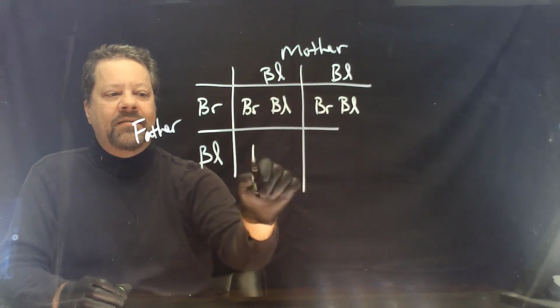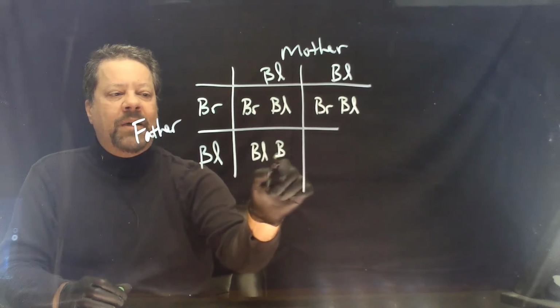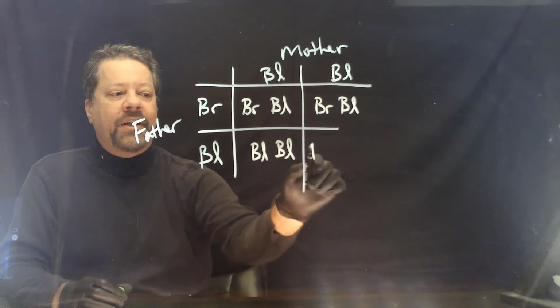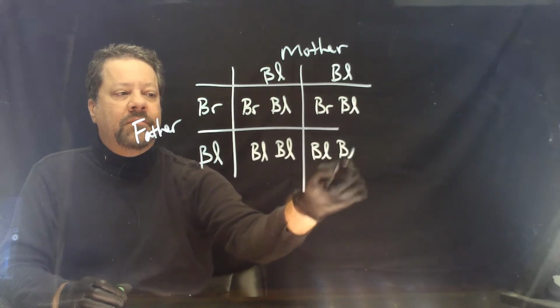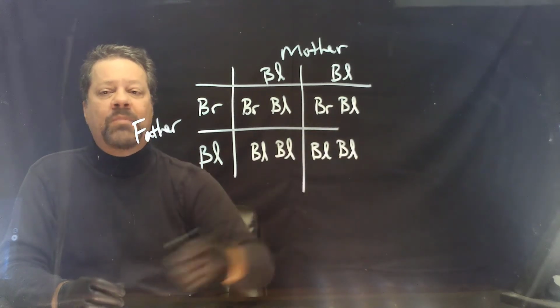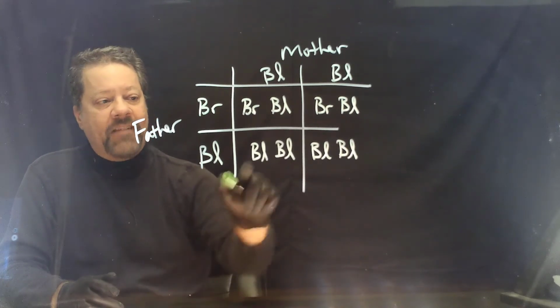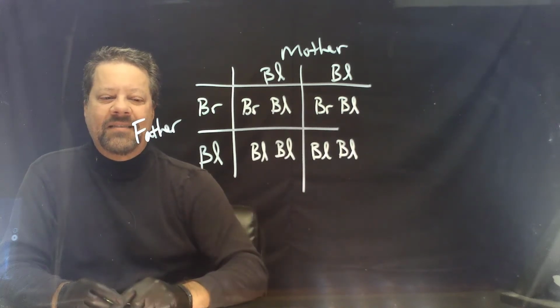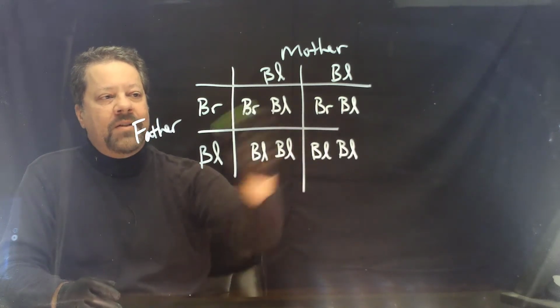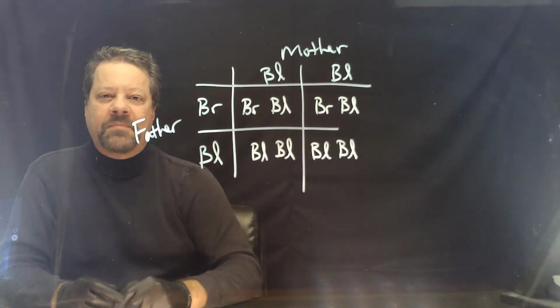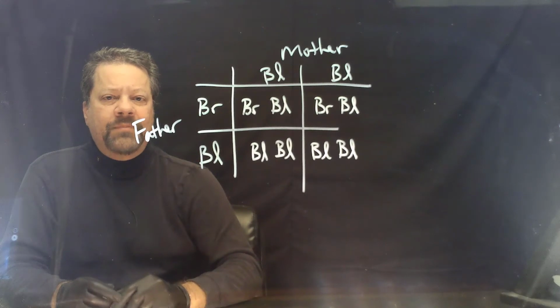Same here. But if he passes on his blue-eyed gene, and she passes on her blue-eyed gene, you can see that these children will have blue eyes. There are these 4 simple events, equally probable.